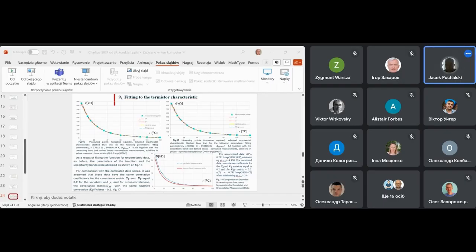We assume that all matrices Y and X are determined with correlation coefficient 0.2 and correlation coefficient for XY matrices -0.2.